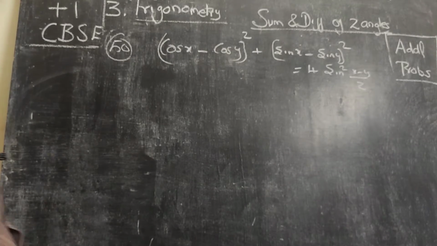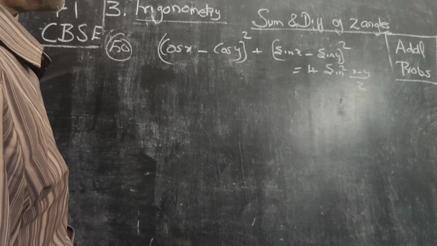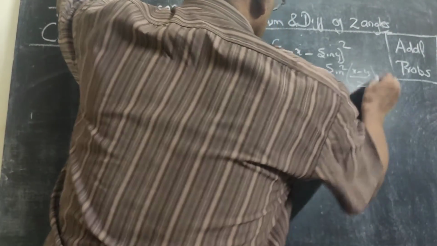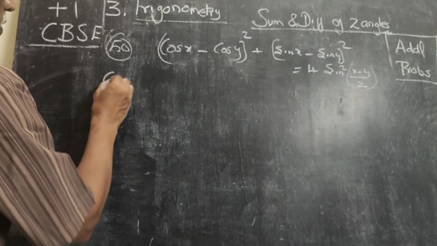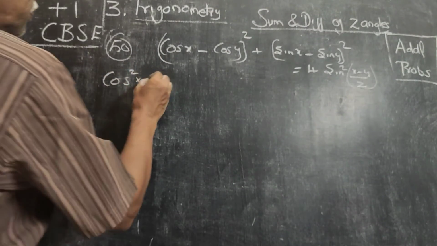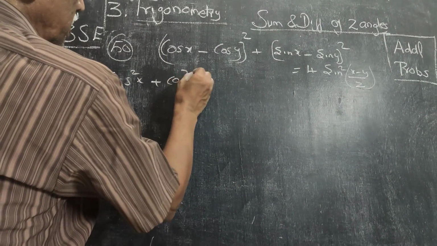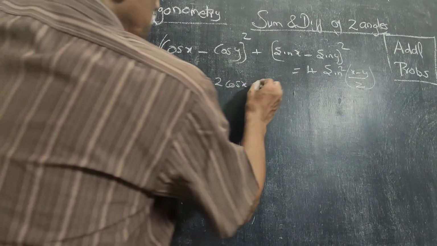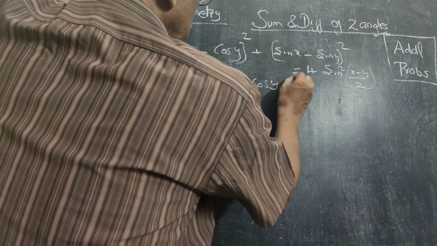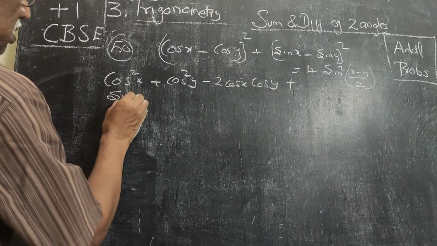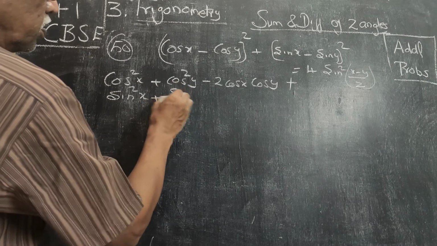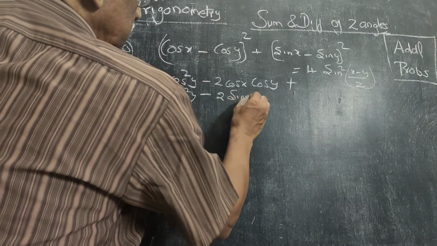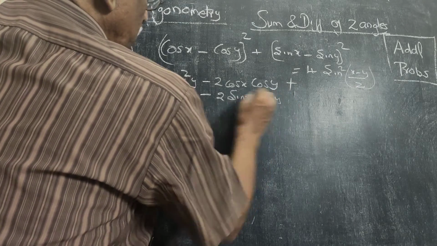Question number 58: cos x minus cos y the whole square plus sin x minus sin y the whole square equals 4 times sin square of (x minus y) by 2. Expand it. So you will get cos square x plus cos square y minus 2 cos x cos y plus sin square x plus sin square y minus 2 times sin x sin y.